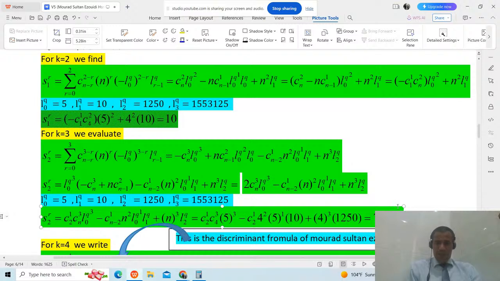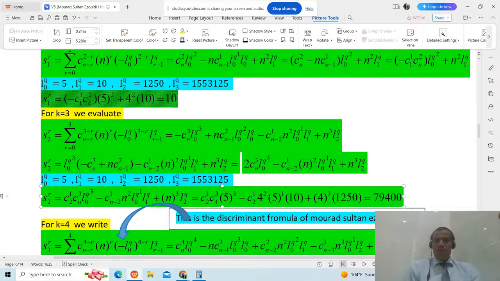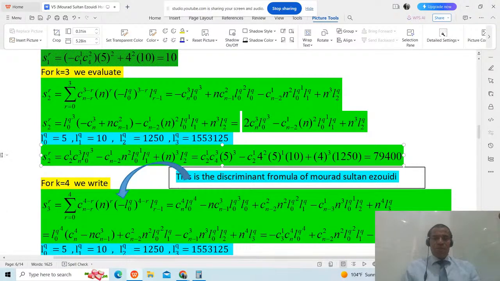Now, learners, we want to find the value of S4. We are here to remind you of the discriminant formula of Murad Sultan Azwili. When substituting K with 4 and replacing R with 0, 1, 2, and 3 till you reach 4, it's called the discriminant formula of Murad Sultan Azwili.